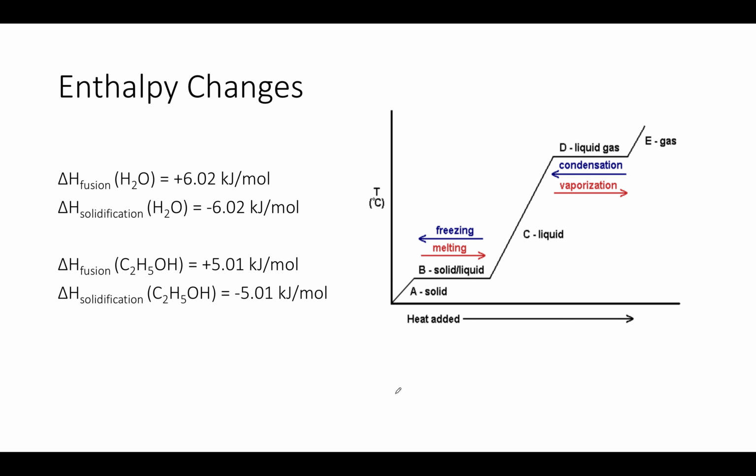So enthalpy changes come in pairs. So this is our first pair that occurs right here. Call that pair 1. And our second pair occurs here. Now here I gave you fusion and solidification, but the second pair here is the heat of vaporization and the heat of condensation.